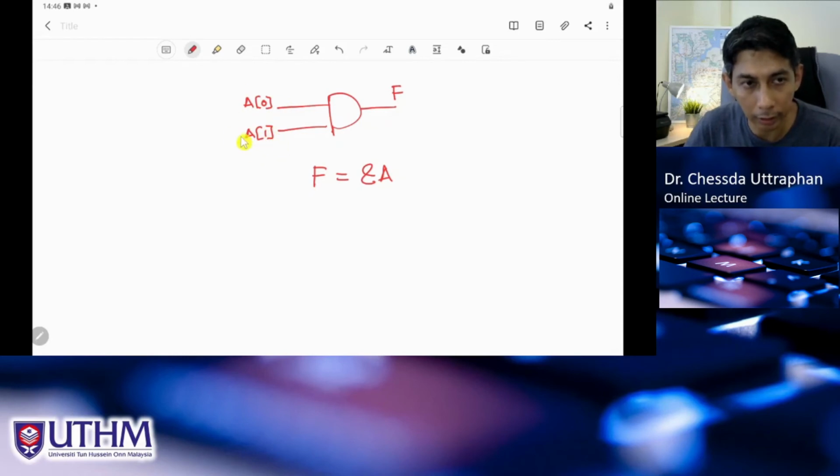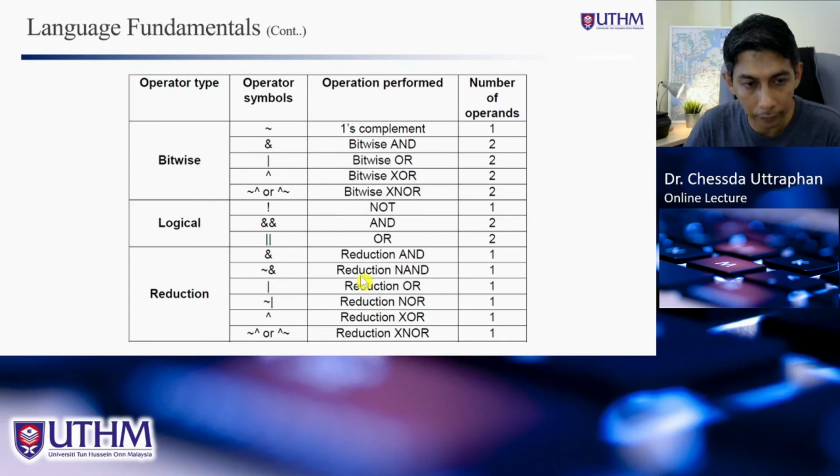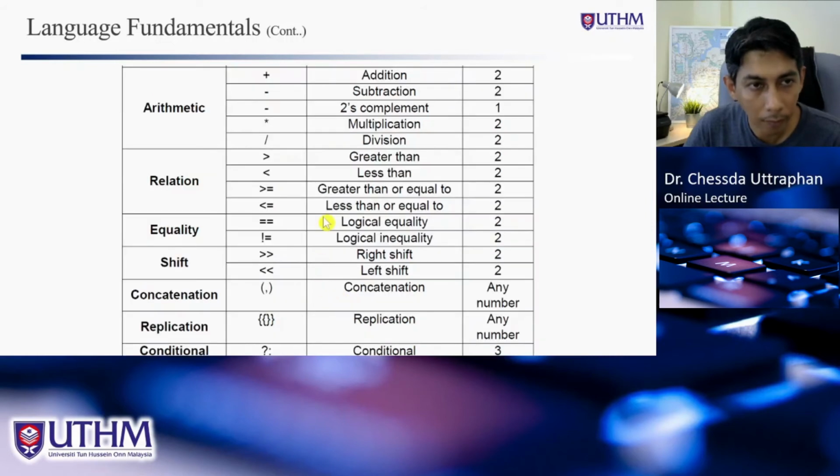Of course, before that, we need to declare A as a vector. We will learn how to do that later on. So we see that here the number of operands is 1, and that is the meaning of this. So we have reduction NAND, reduction OR, NOR, XOR, XNOR, and so on.